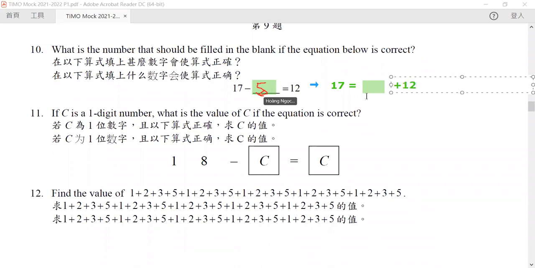Or in other words, the number that we want is exactly equal to 17 minus 12, which is exactly equal to 5. Okay, so our answer for this question is equal to 5.